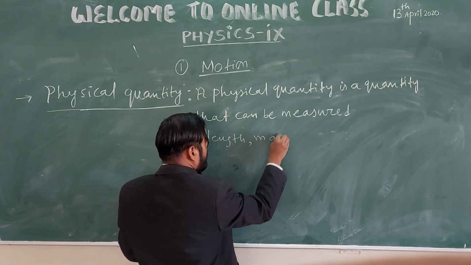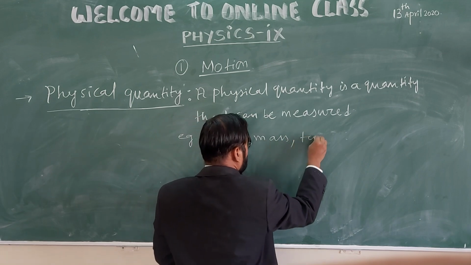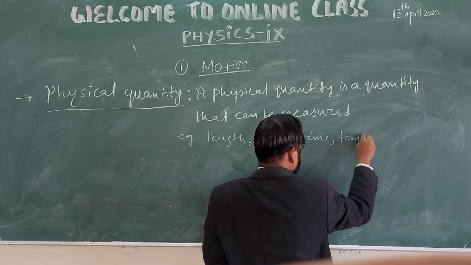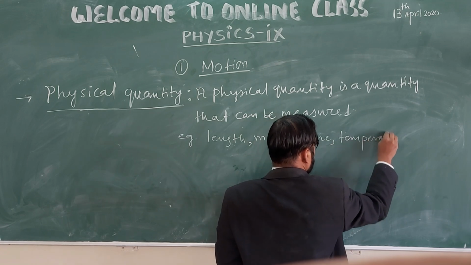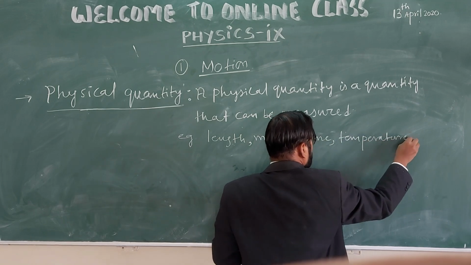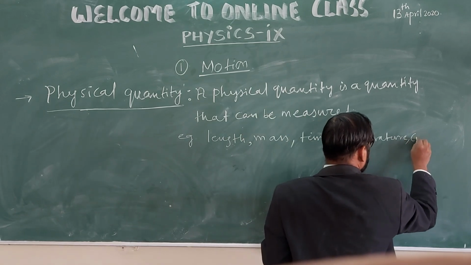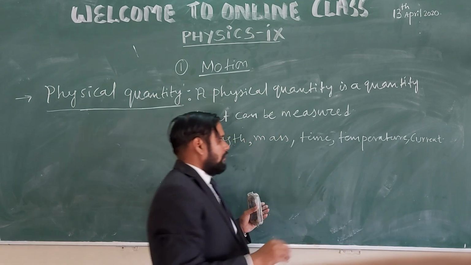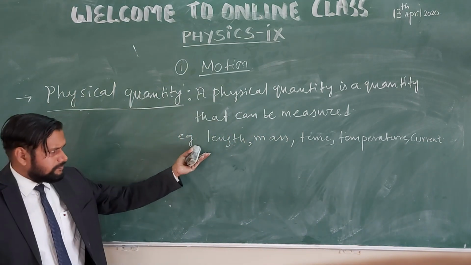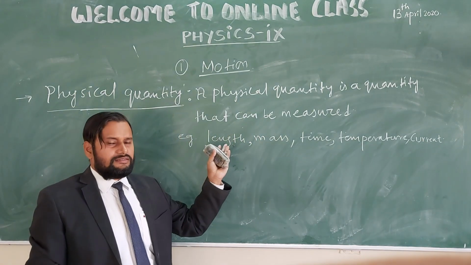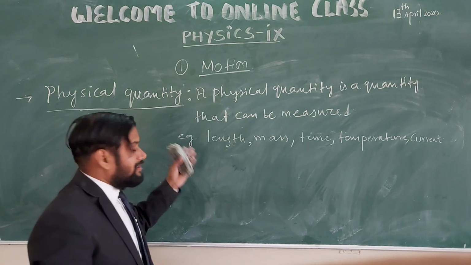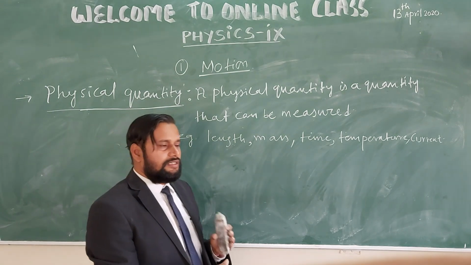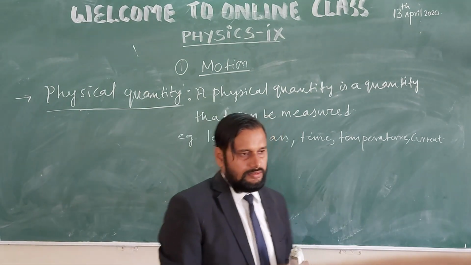Length, then mass, time, temperature, current. These are some physical quantities which can be measured. That's why these are known as physical quantities.